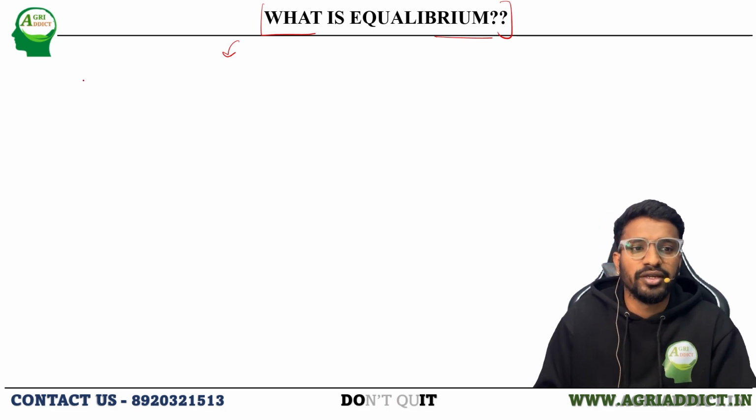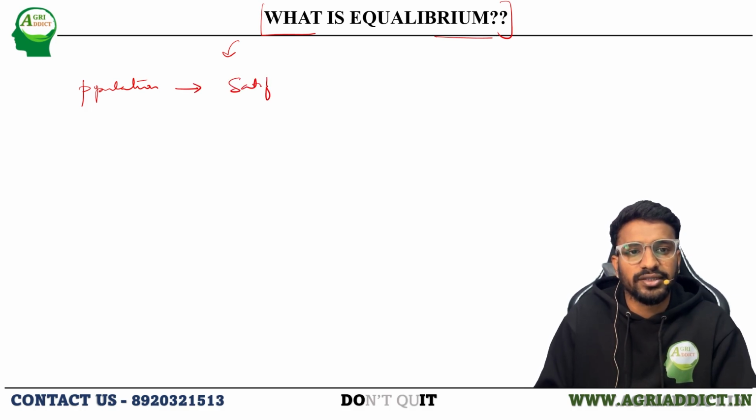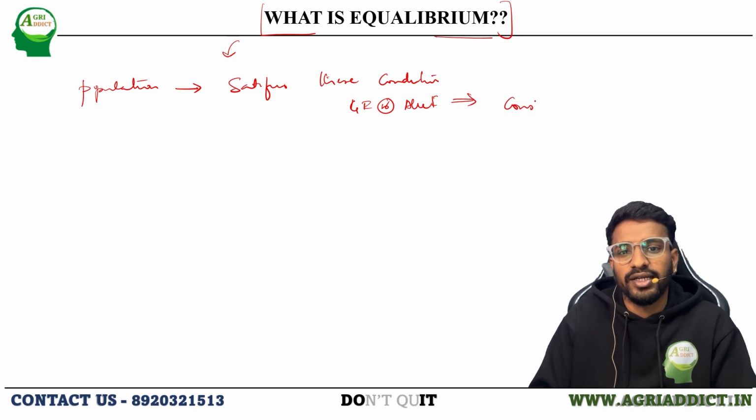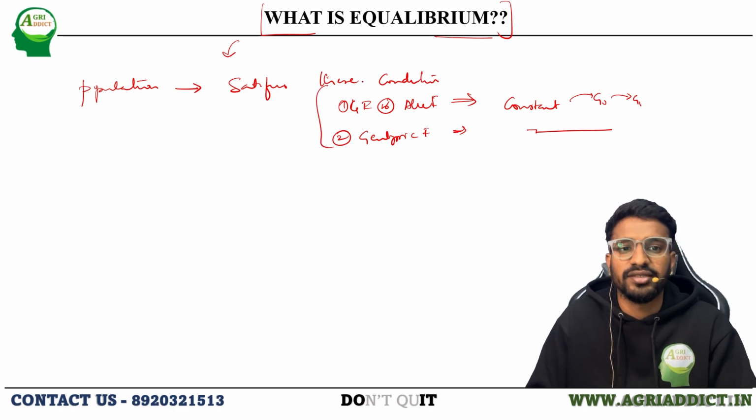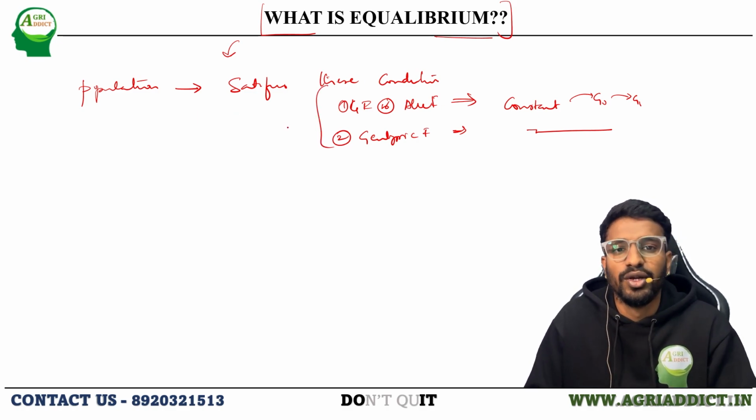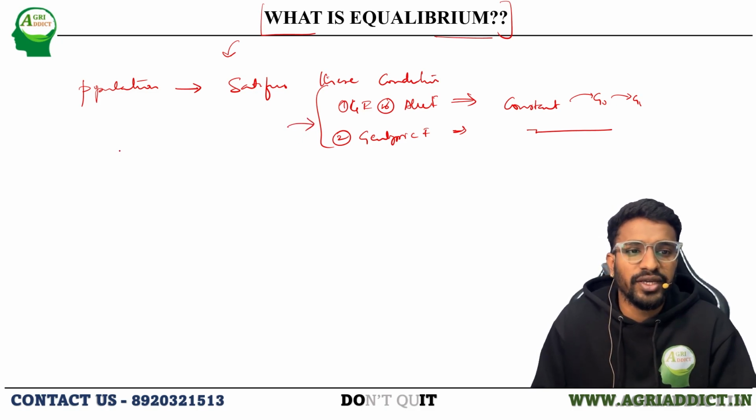If any population satisfies these two conditions, then we can call that population in equilibrium.